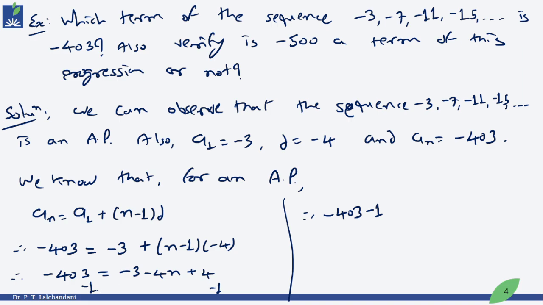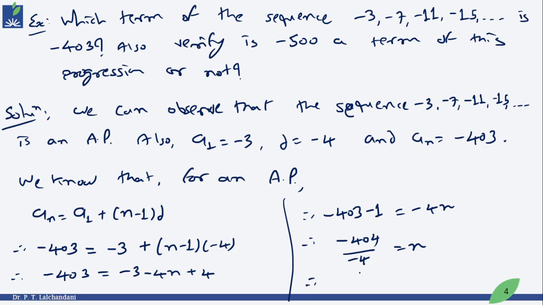So we have -403 minus 1 is equal to -4n. Here -4 is in multiplication, so we are dividing by -4. So -404 divided by -4 is equal to n, because we are dividing by -4, so the -4 is cancelled out.